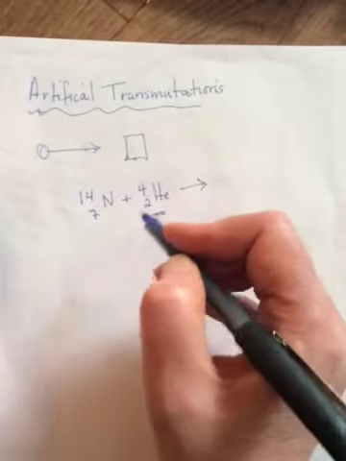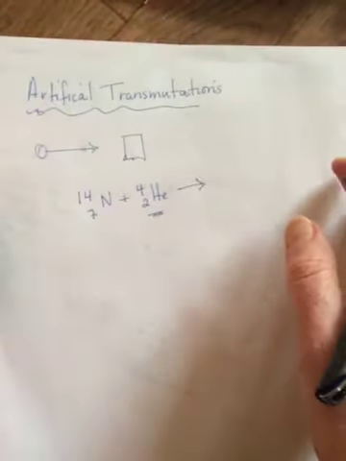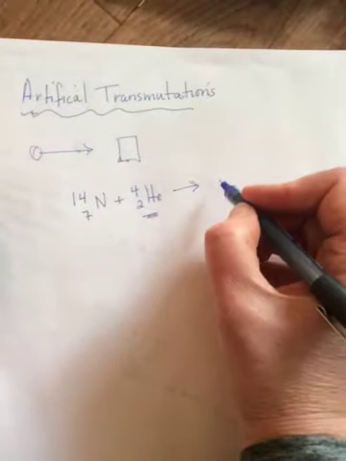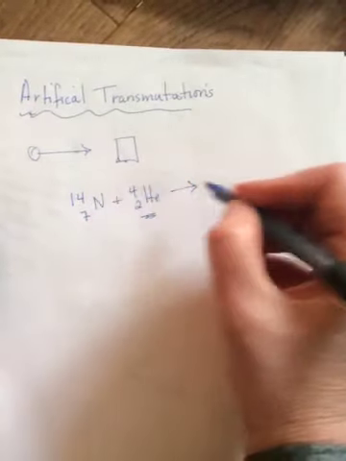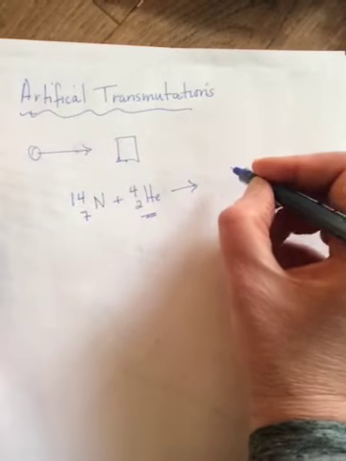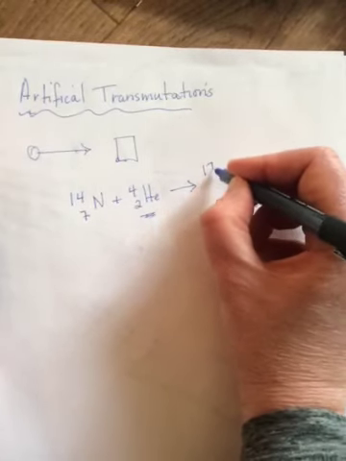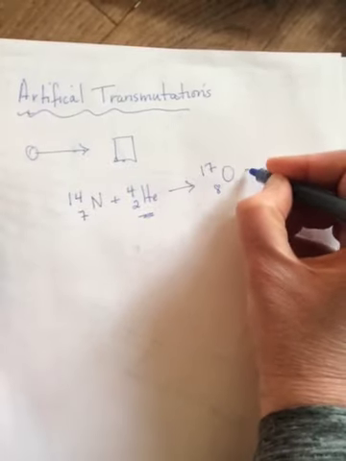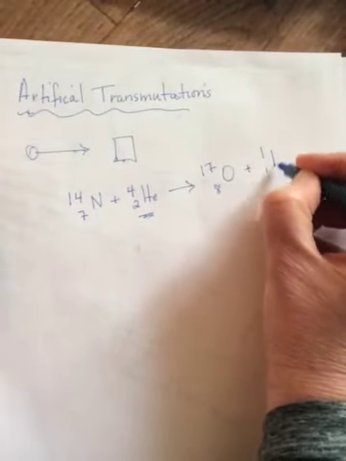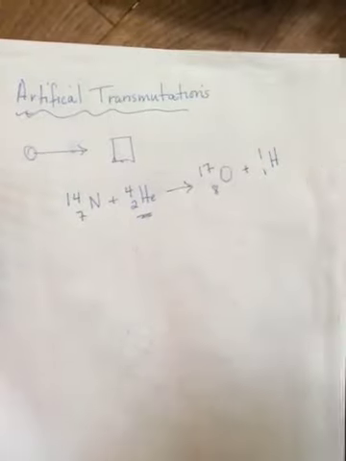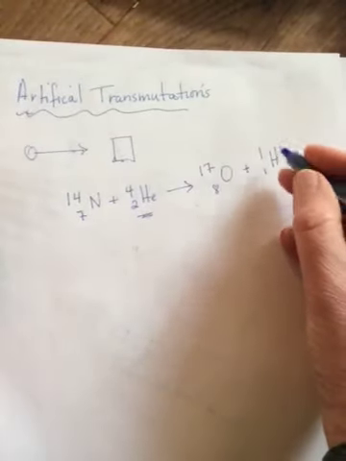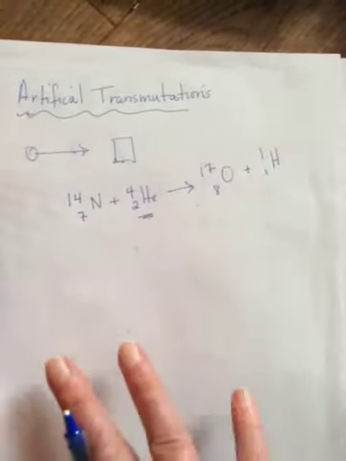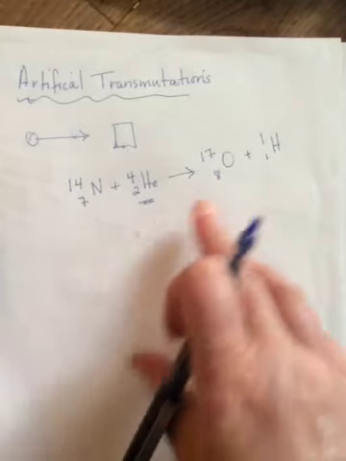So whenever there's something added in, it means it's us doing it. Okay, and so when you shoot alpha particles at nitrogen 14, what you end up getting out is oxygen 17 and a proton being given off. So I'm writing it as a 1,1H because it's a proton that's being emitted.